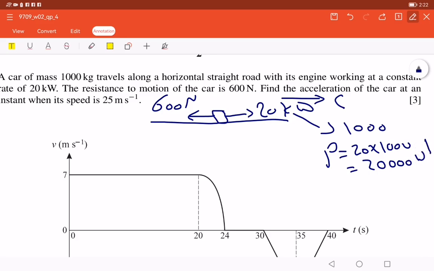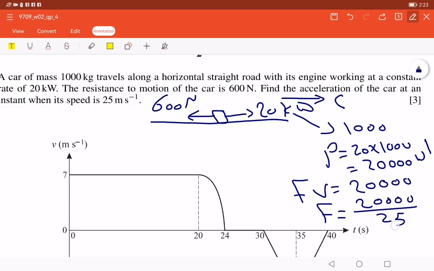But we need the force of the engine. The force of the engine, F, multiplied by V equals the power of the engine, 20,000 watts. And here the velocity of the car is 25. So to find the force, you must divide 20,000 by 25.